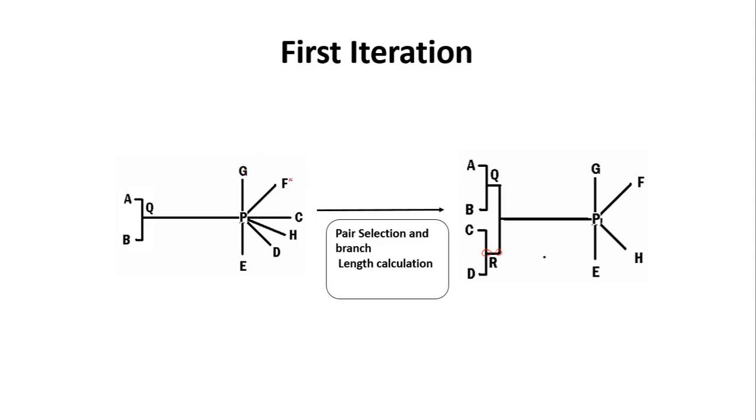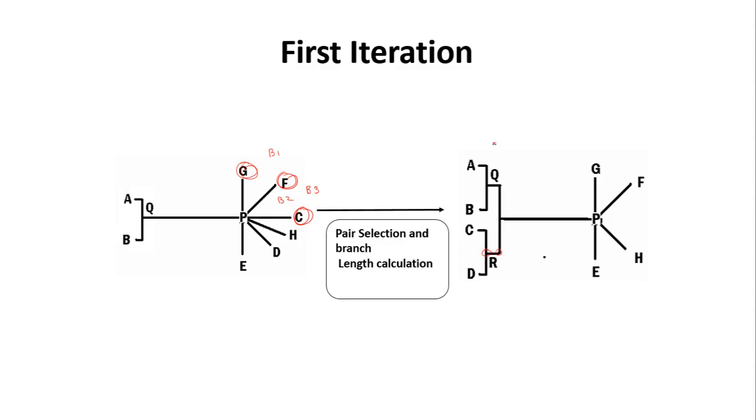Whatever sequences remain in your star now, you would randomly select two and calculate the branch length, then select another two and calculate the branch length B2, then select a third one and calculate the branch length B3. You do pair selection and branch length calculation for the remaining sequences in your star. And in this first iteration, whichever branch length is the lowest, you would use that branch length and the corresponding sequences as the next neighbors.